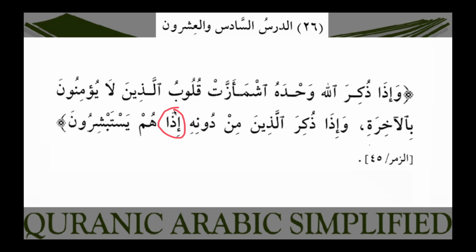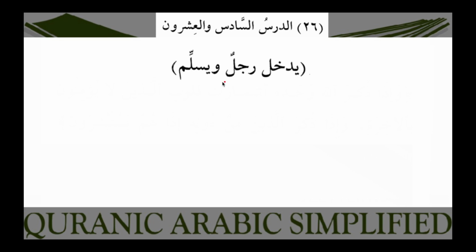So iza al-fuja'iyyah, that is iza of surprise, takes the place of the fa in the jawab shart. So it is as though they become hum yastabshirun, the most happiest people. Like in az-zumar: a man enters and he gives Assalamu alaikum.